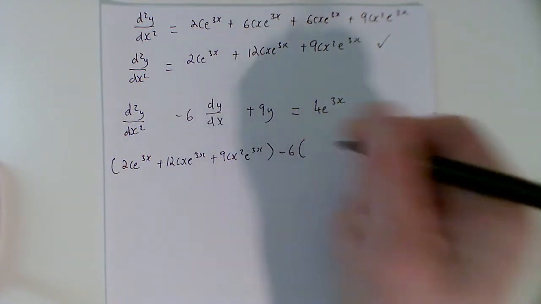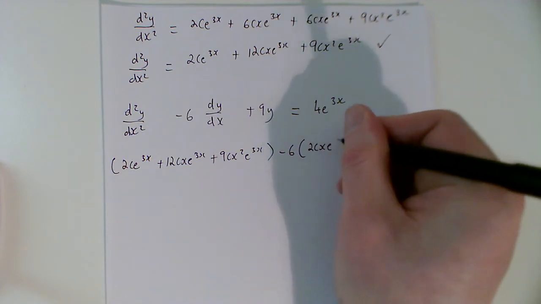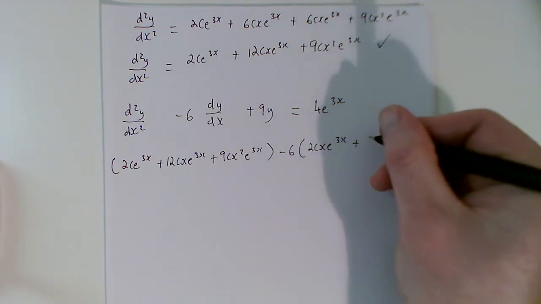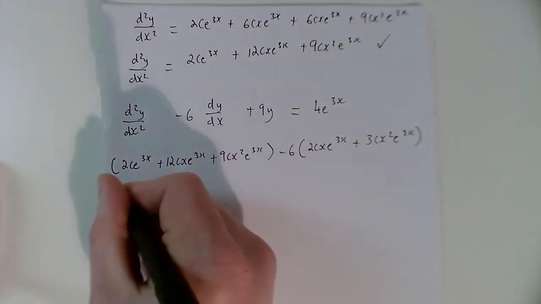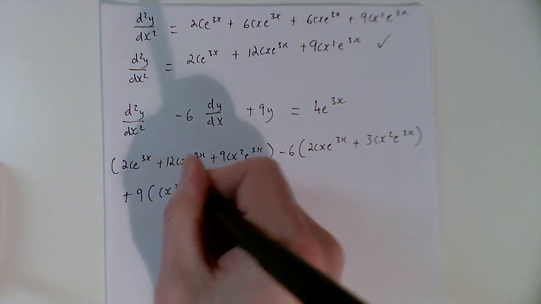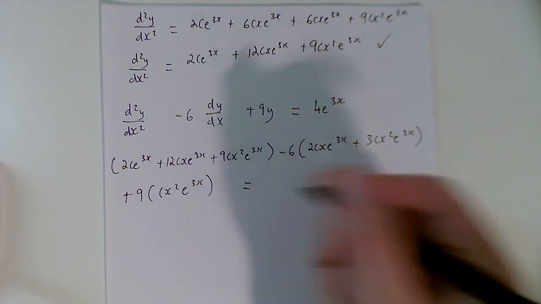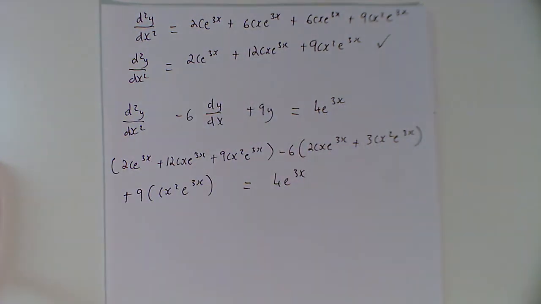Take away 6 multiplied by 2cx e to the power of 3x plus 3cx squared e to the power of 3x, plus 9cx squared e to the power of 3x equals 4e to the power of 3x.